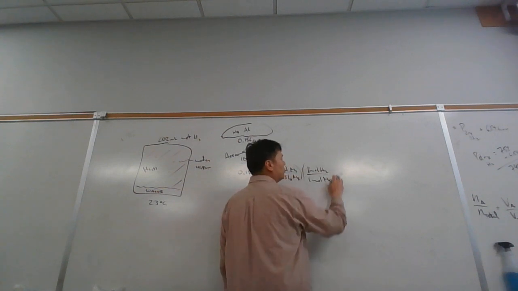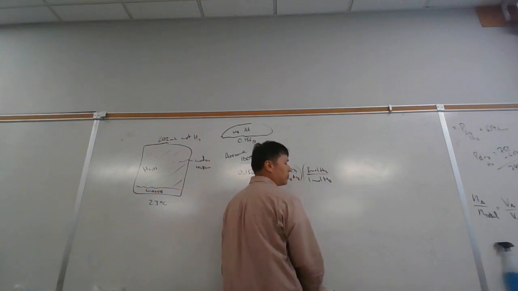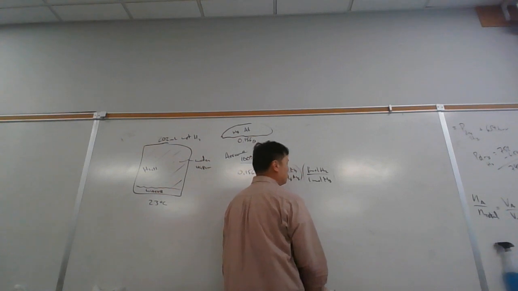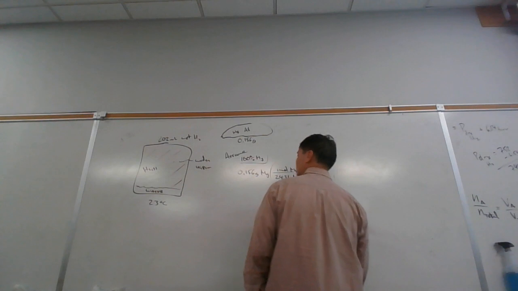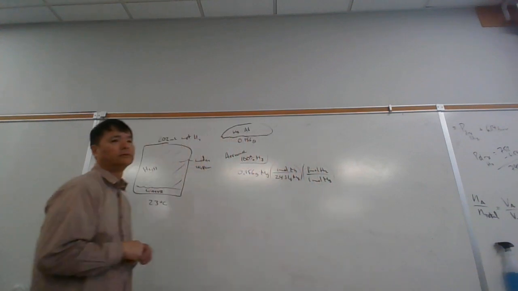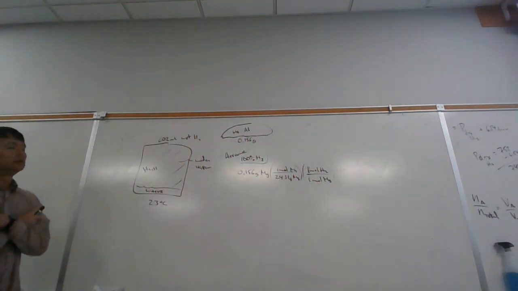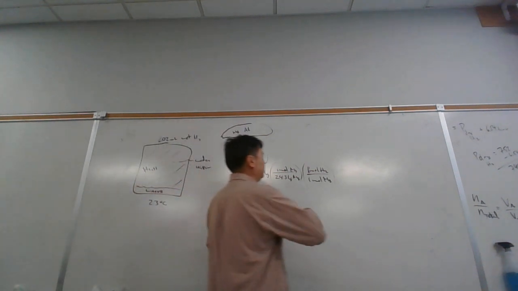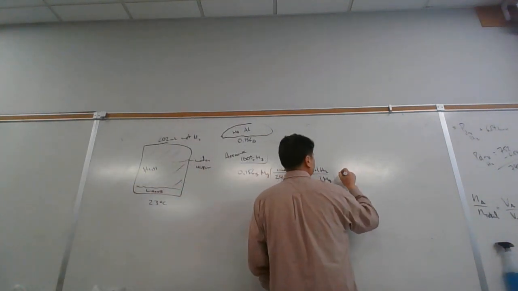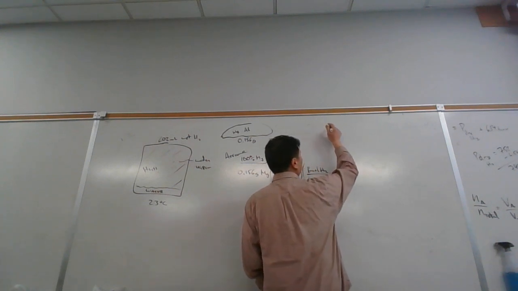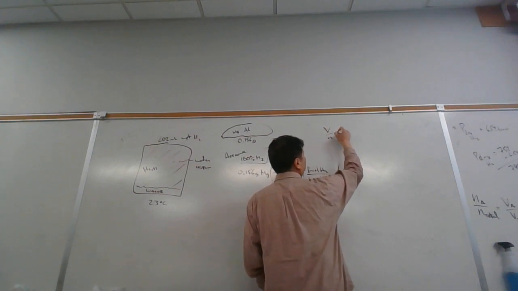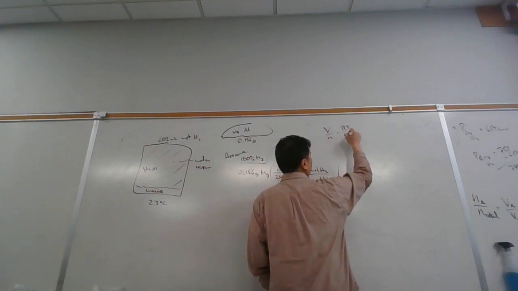Or we can go from moles of hydrogen to pressure of hydrogen. Which one should we do? Should we go to volume? All right. If we go to volume, what I'm going to do is I'm going to calculate the molar volume. What was the molar volume again? It was V over n, which is equal to RT over P.